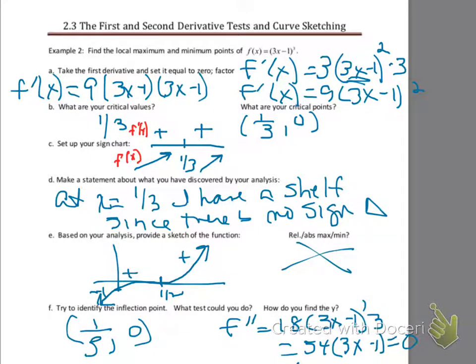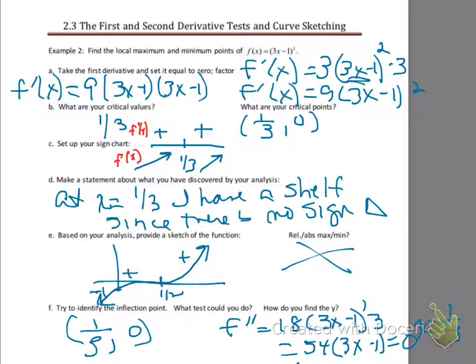Set it equal to 0, and that happens where x is 1/3, which is the value I found before. So when there's not a sign change of your slope on either side of your critical value, you have discovered a shelf. So that was a shelf example.